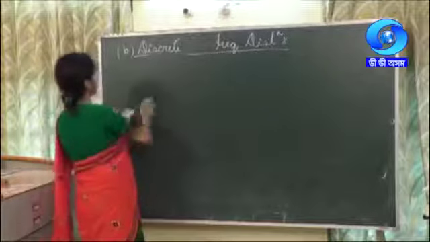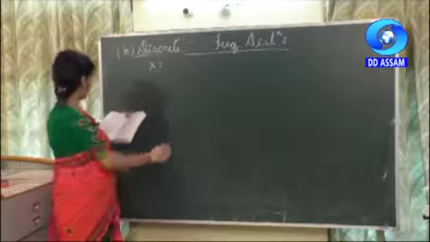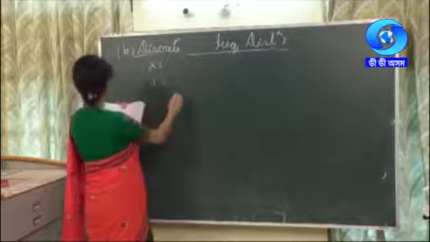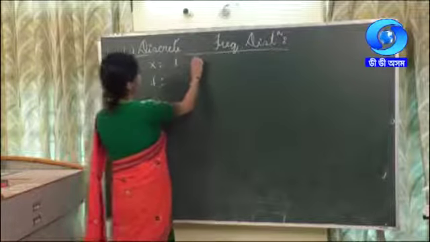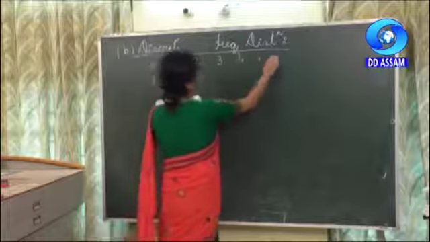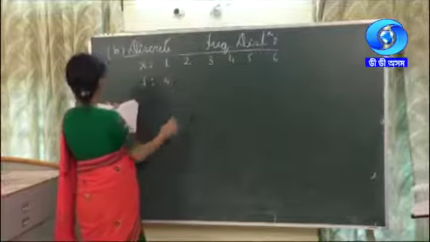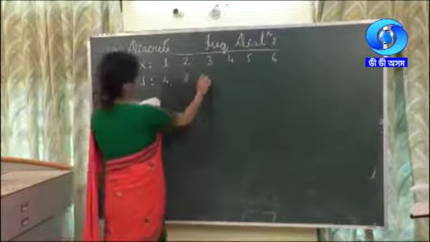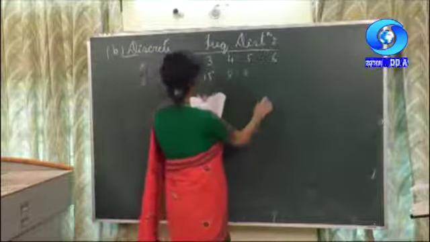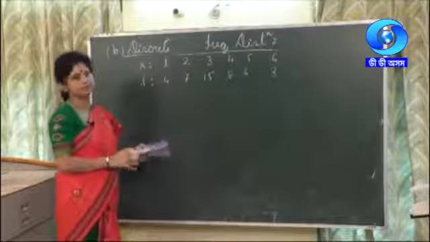Supposing we have a discrete frequency distribution where values of x and f are given to you. The values of x are 1, 2, 3, 4, 5 and 6 and the respective frequencies are 4, 7, 15, 8, 6 and 3, and you're asked to find the median.